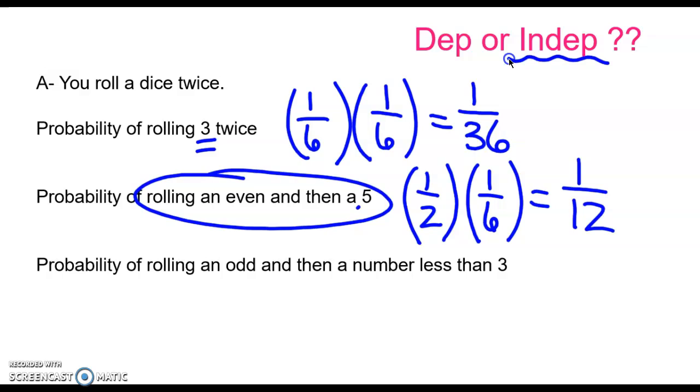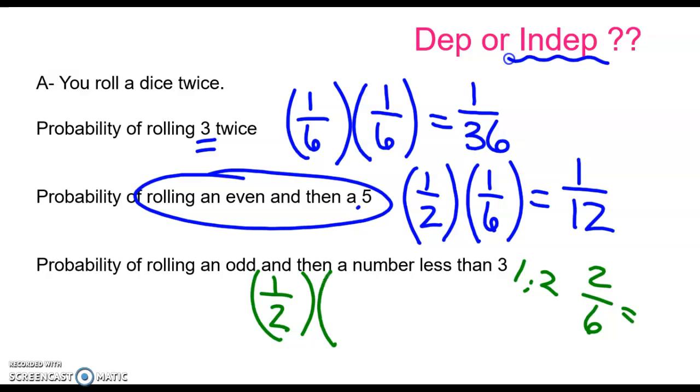Rolling an odd, we know is 1/2 on a dice. And then a number less than 3, so a 1 or a 2, there's 2 options there, 2 out of 6, and I can simplify that to 1/3. If you use simplified probabilities, your answer will just be simplified. So multiply across the top, multiply across the bottom.